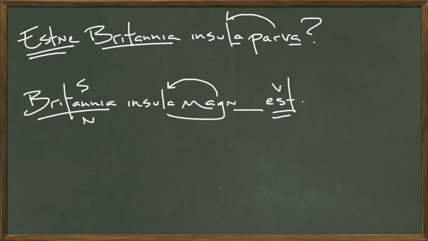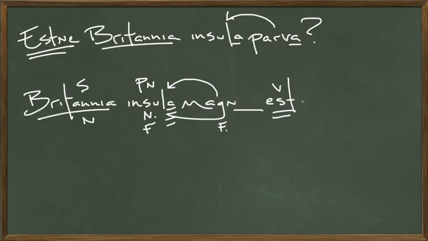What is it? It's an insula, that's a predicate nominative, and it's in the nominative case, but it has this adjective describing it. The adjective is describing a word that is feminine, a word that ends with A, which means that the adjective must also be feminine.